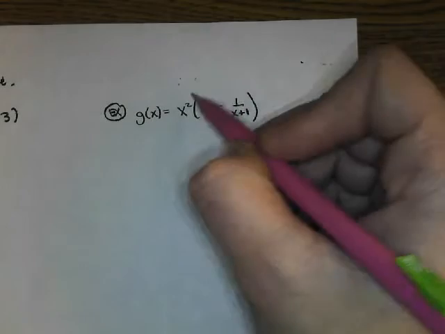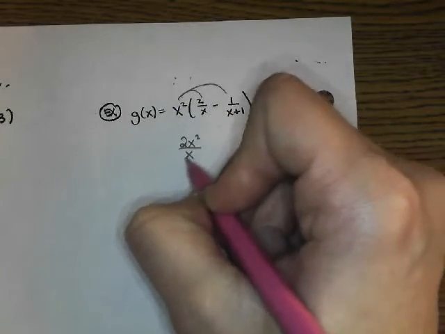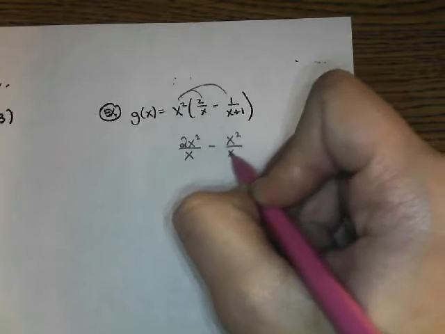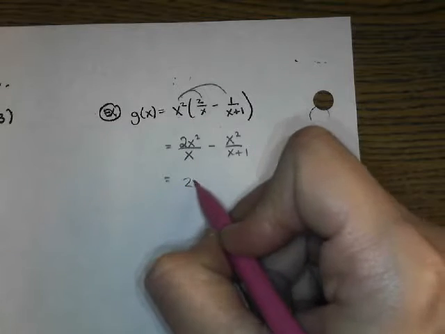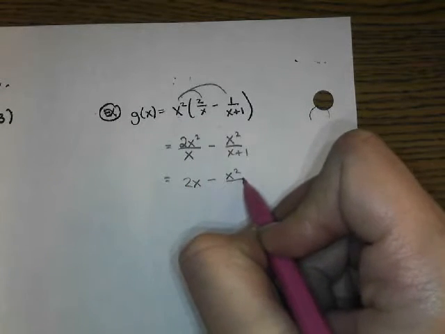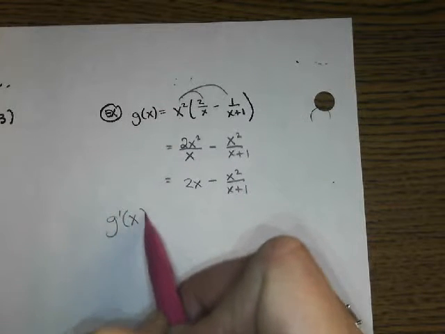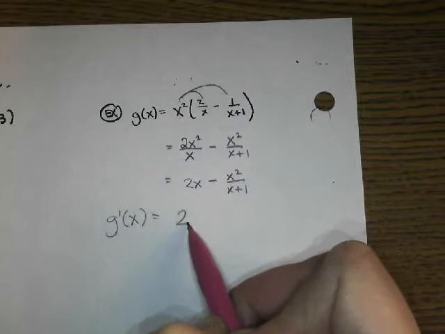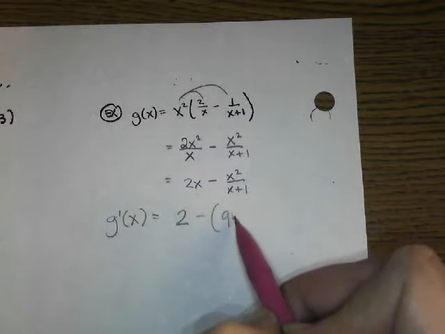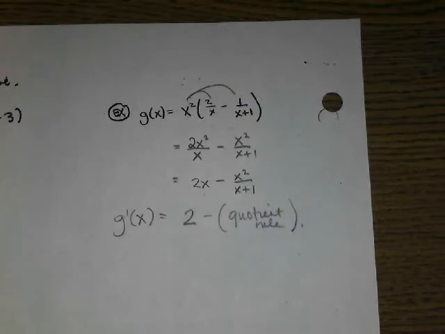You get 2x squared over x minus x squared over x plus 1, and that first term simplifies even further to 2x. Now your derivative is much easier. Derivative of 2x is 2 minus, and this second part is going to require the quotient rule, but again, the quotient rule alone is a lot better than the quotient rule within the product rule.